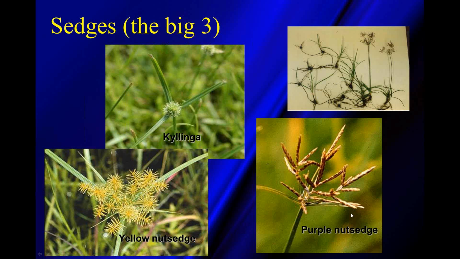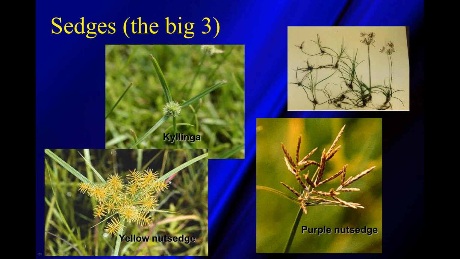And if you look at the flowering structures of these, they help you to identify it fairly easily. Green kyllinga has a 3-leaf structure at the top of the stem and has a little ball-like seed head on top of it. One thing about green kyllinga that separates it out from other sedges that look similar to it, there are some annual sedges that look similar to this, but green kyllinga usually only gets about 6 to 8 inches tall, and it's real thick when it comes up usually.